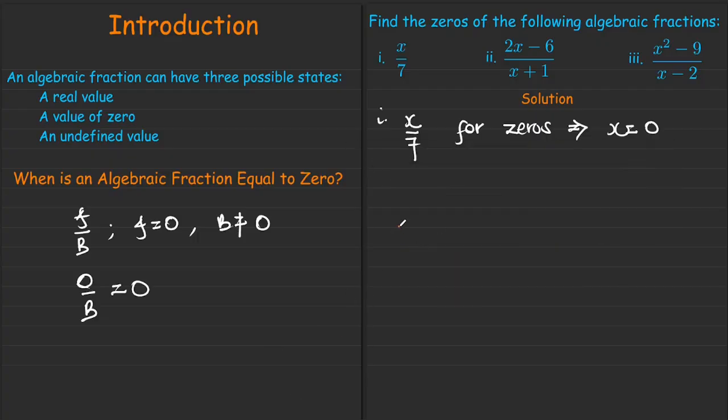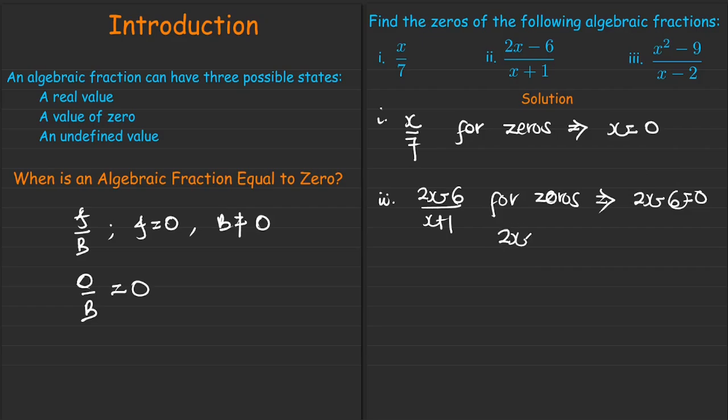For the second one, we have 2x minus 6 over x plus 1. For the zeros, we have to equate the numerator, which is 2x minus 6, to be equal to 0. If that is the case, then we have formed an equation. We'll need to make x the subject.